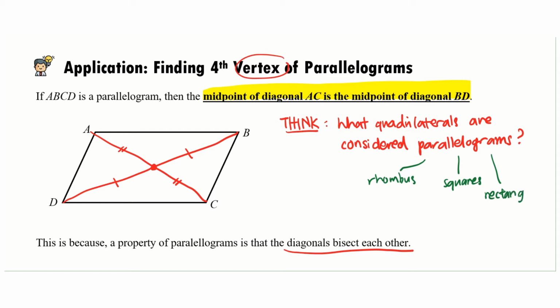In case you do not remember, quadrilaterals are any four-sided figure. Examples of four-sided figures would be things like kite, as well as trapezium. Kite and trapezium do not fall under the category of parallelograms, because they do not have two pairs of parallel lines.